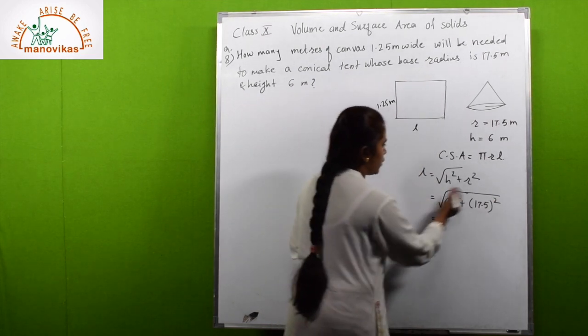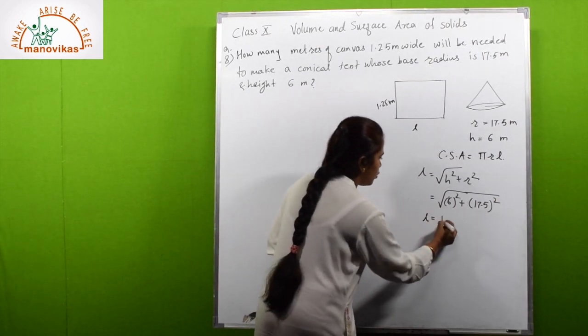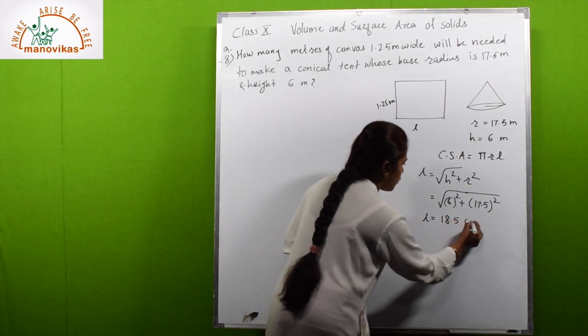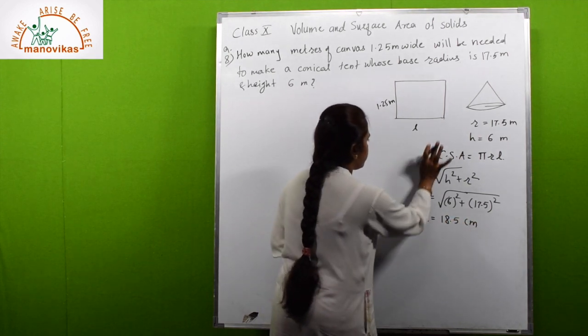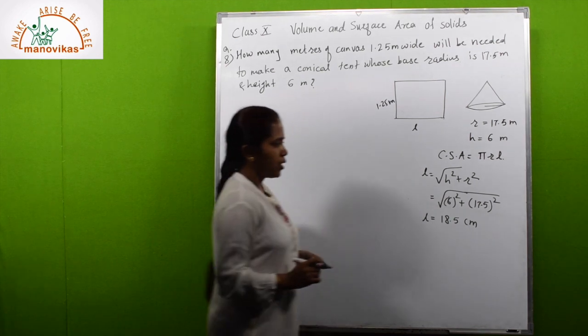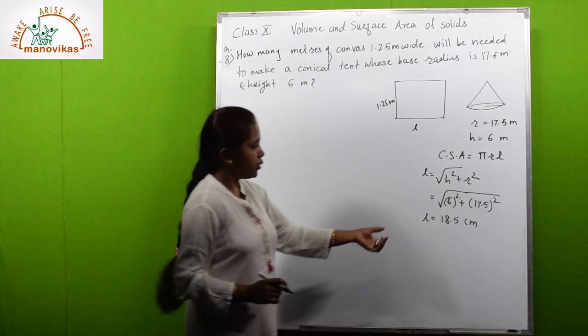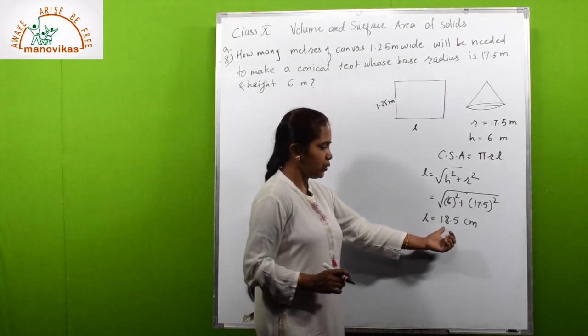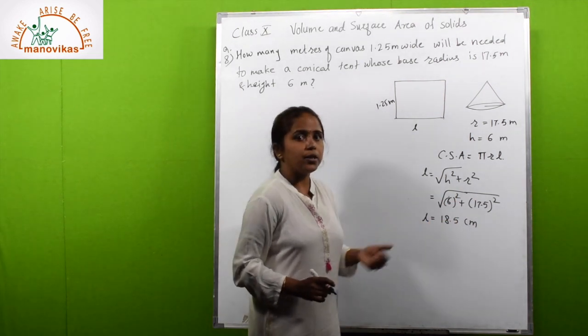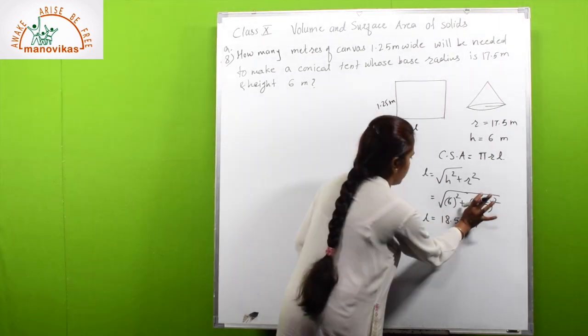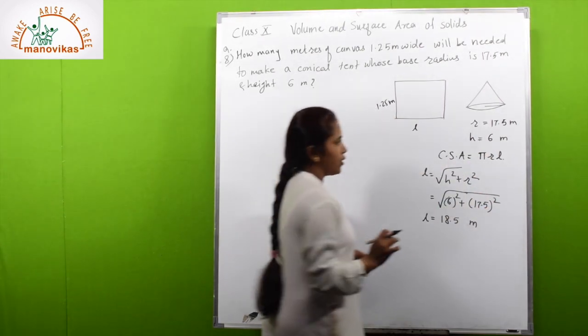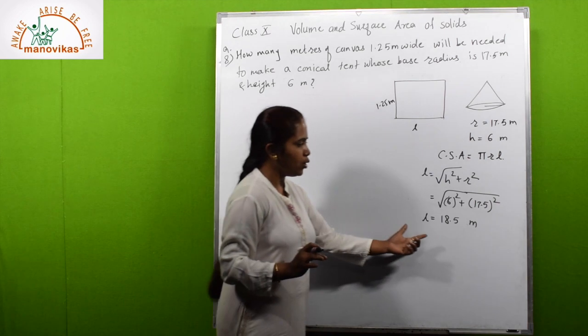If you simplify this, you get L value as 18.5 meter. 6 square is 36, 17.5 square you will get. Add up that and take the square root, you get L value as 18.5 meter, because H and R are given in meter. This is the value of L.